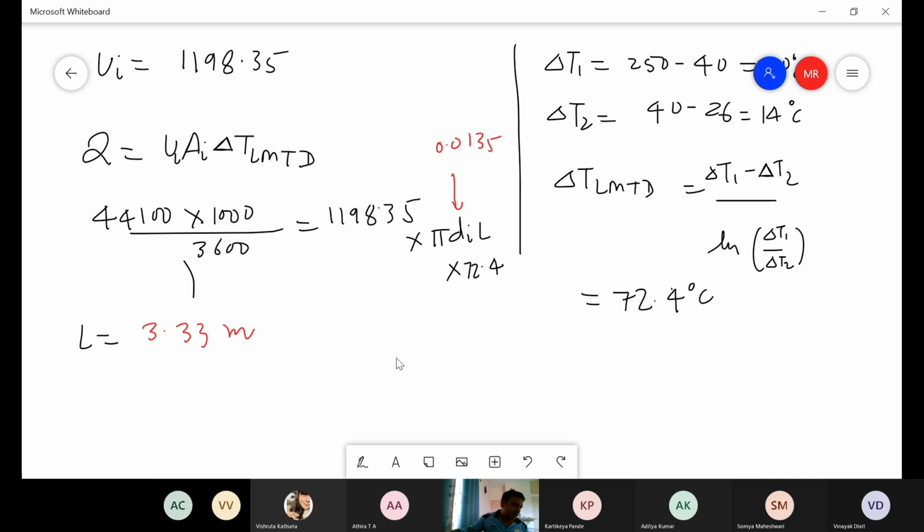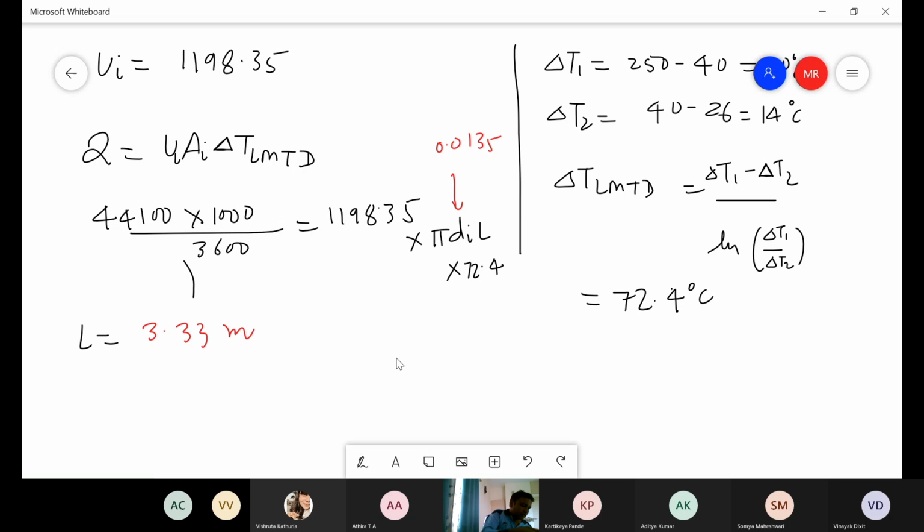So area in this case comes around, let me just calculate, 44100 into 10 raised to power 3 divided by 3600, divided by 1198.35 into 72.4.